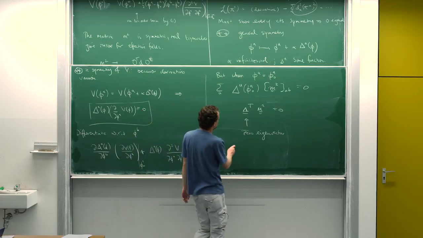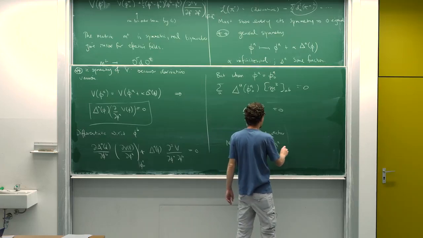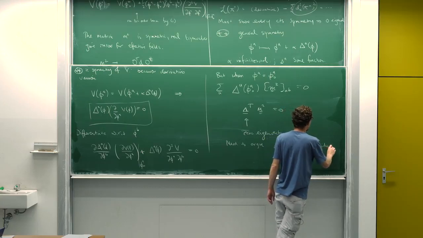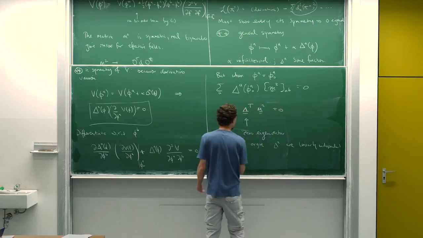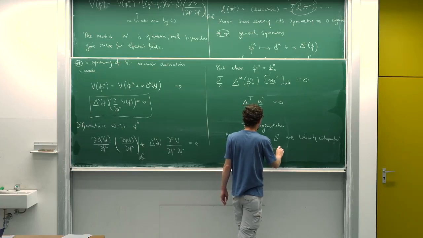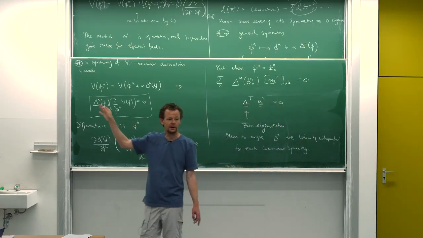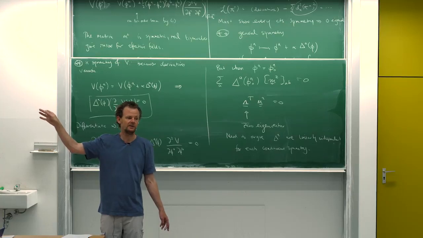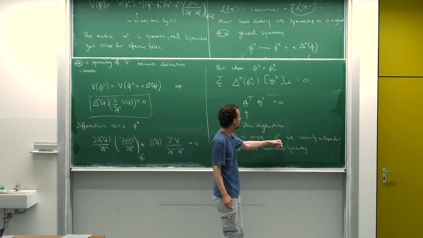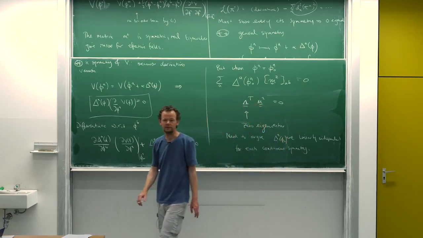And of course, you need to show, to finally conclude that the 0 eigenspace of M squared, so this matrix M squared, has to have as many 0 eigenvalues as there are continuous symmetries, and then therefore you need to argue that these vectors are all linearly independent.